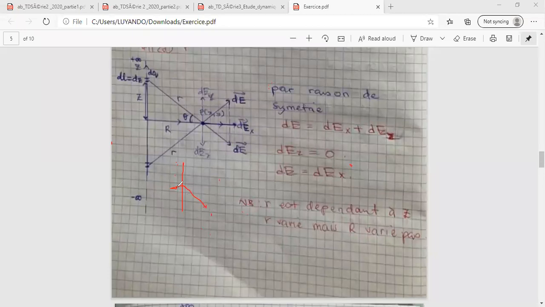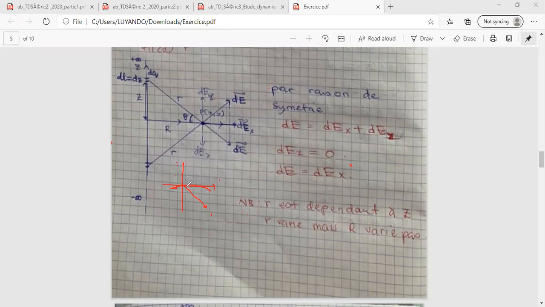So if we have our dE here and we have our dEx in this direction, this is the x direction. We established this is the x direction and this is the y direction.